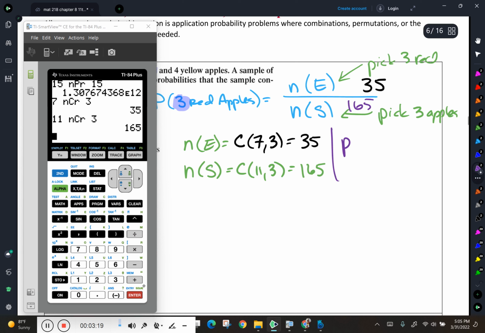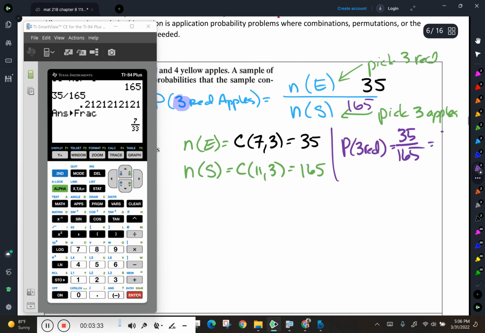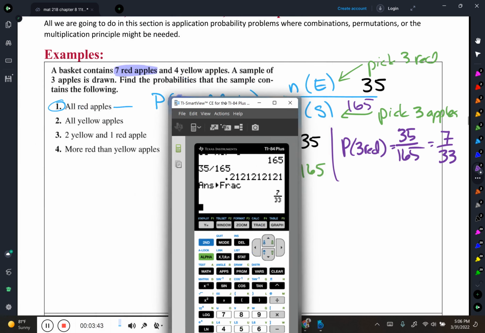So the probability that we will pick 3 red is going to be 35 over 165. So 35 divided by 165, math, enter, enter, that's 7/33. So I have a probability of 7/33, 7 out of 33, of picking all red apples.